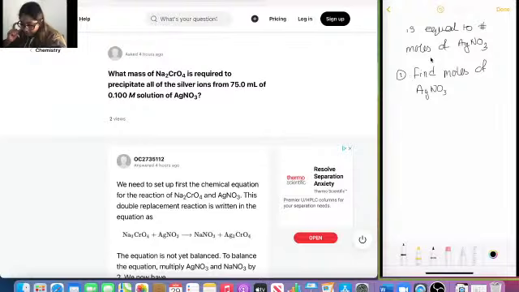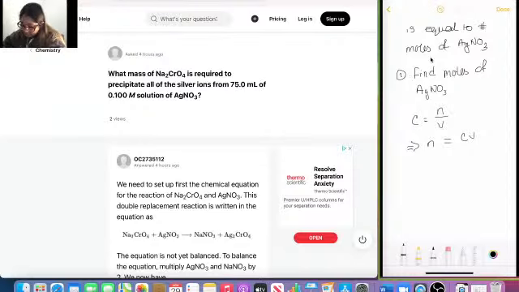To do that, we are given our concentration and our volume, and if you recall, our concentration is equal to our number of moles over volume, right? And so we can rearrange this equation to get moles, and we have C times V, right?